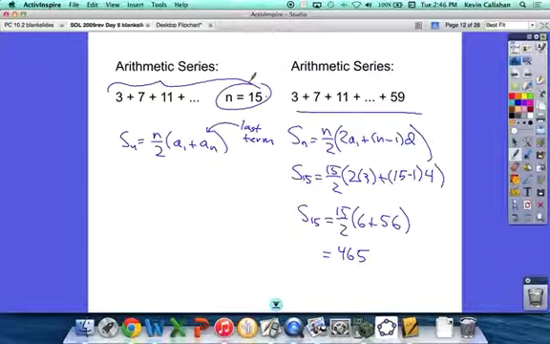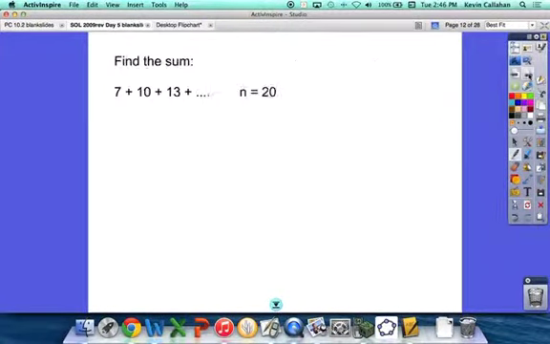Use the A sub n formula, right? And then you would figure out, okay, n is 15. So you plug in 15, 3, 59, and you're going to get the same answer either way. So just make sure you have both of those on the form, and know what they're for and when to use them.